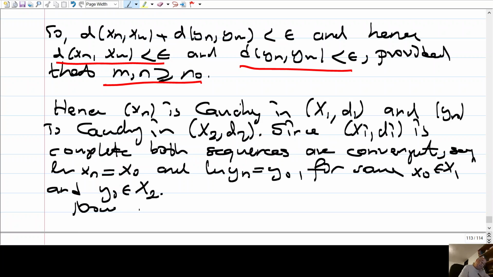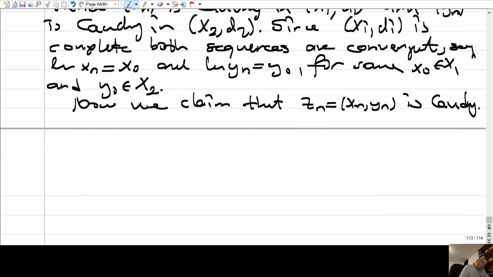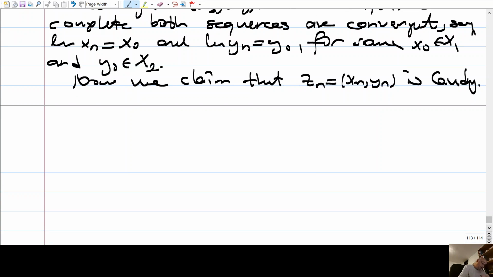So we claim that Zn = (xn, yn) is convergent. How can we prove this? Well, both components are convergent, so this should be convergent. Let's see the proof.